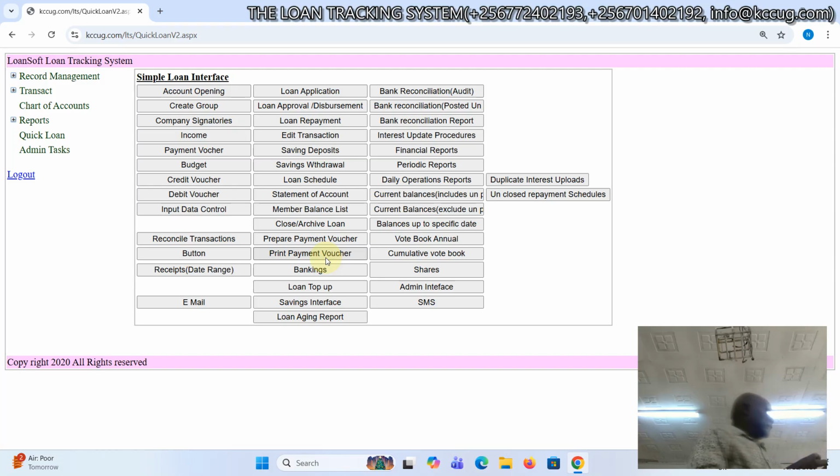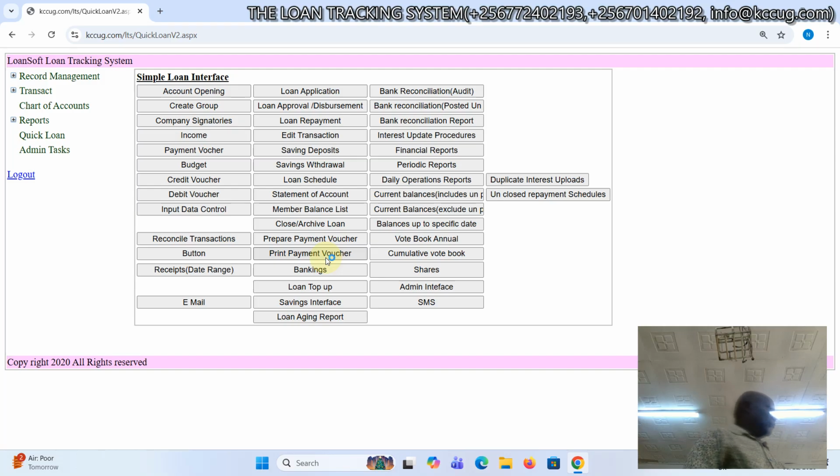setting savings contributions, shares contributions, and then looking at our calendar. We saw how the system can automatically prepare a loan schedule and then post it to the audit trail.